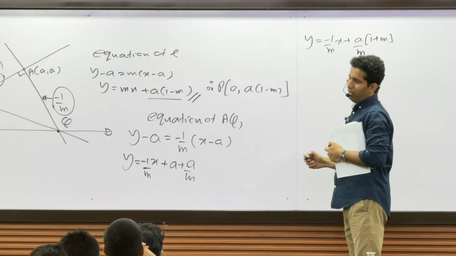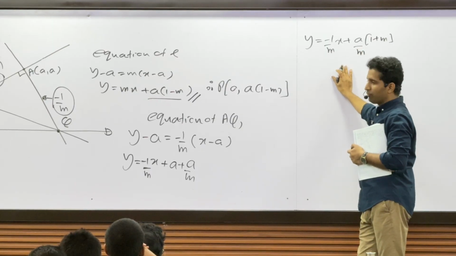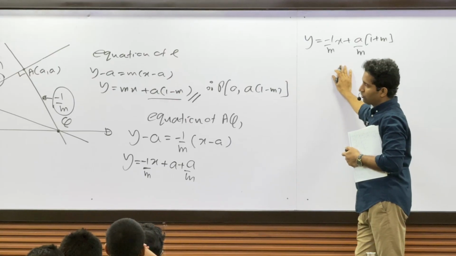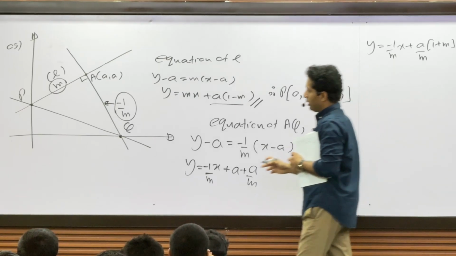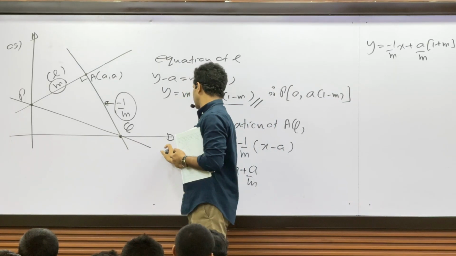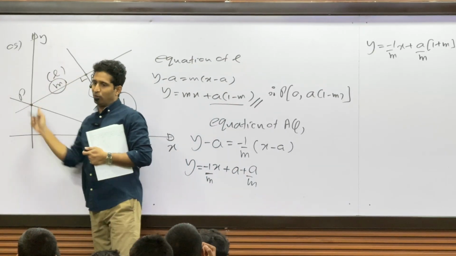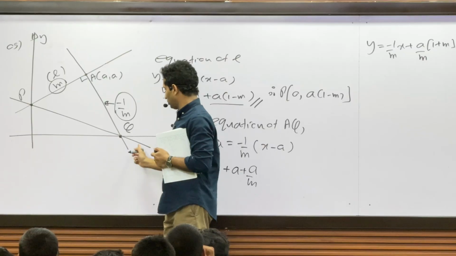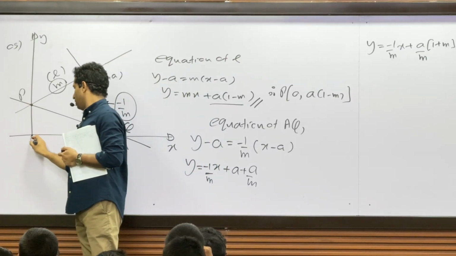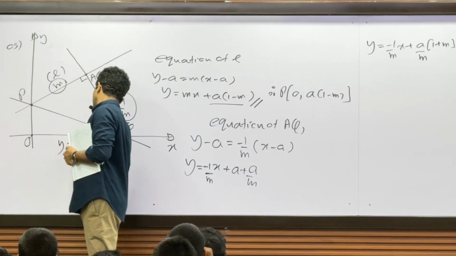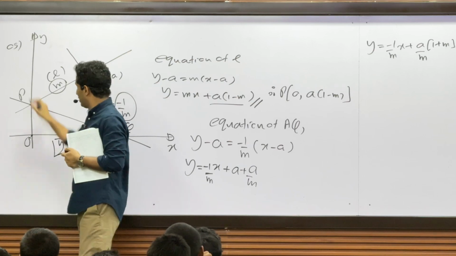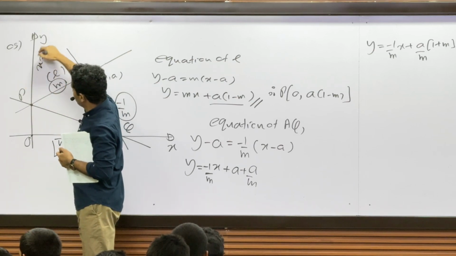Now you can find the coordinates of Q. To find them, you know that the y coordinate of Q is 0. On the x axis, the y coordinate is always 0, and on the y axis, the x coordinate is always 0.